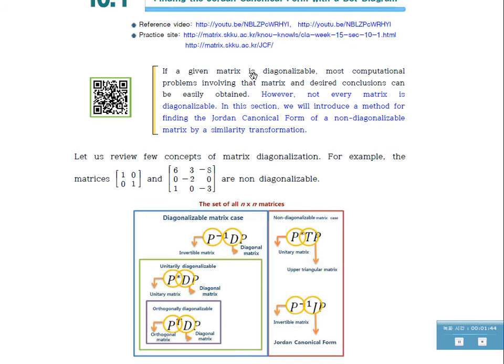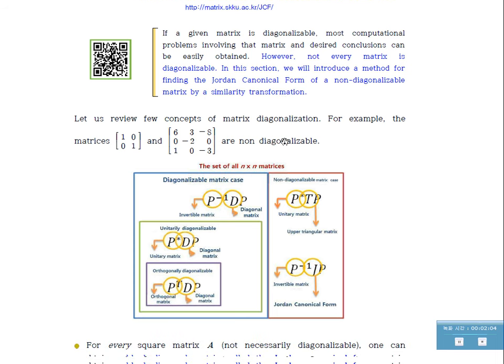If a given matrix is diagonalizable, then it's easy. However, not every matrix is diagonalizable. So in this section, we introduce a method for finding a Jordan canonical form of a non-diagonalizable matrix by a similarity transformation.